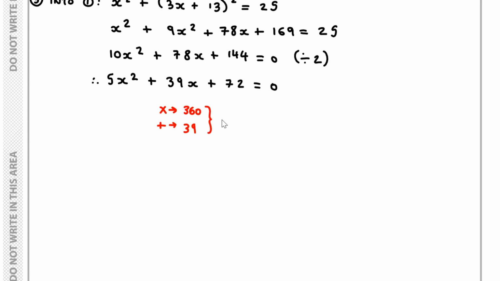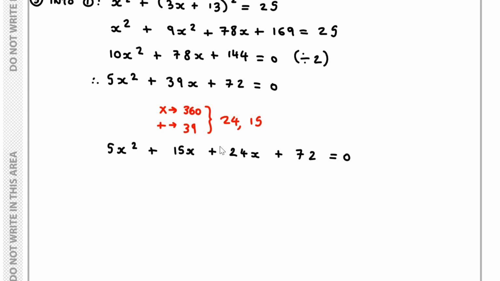You'd find those two numbers to be 24 and 15. So I can rewrite what I have here in terms of the numbers I found. So we have 5x squared plus 15x plus 24x plus 72 equals 0.